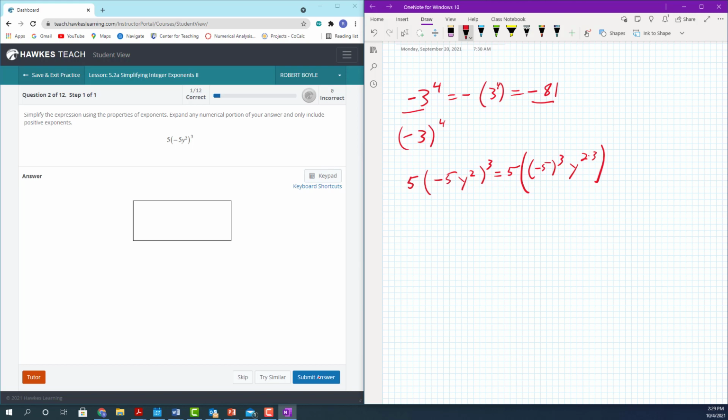Okay, well, keep our 5. -5 cubed is -125. And y to the 2 times 3 is just y to the 6. All right, -125 times 5 is simply -625. And that should be our answer.